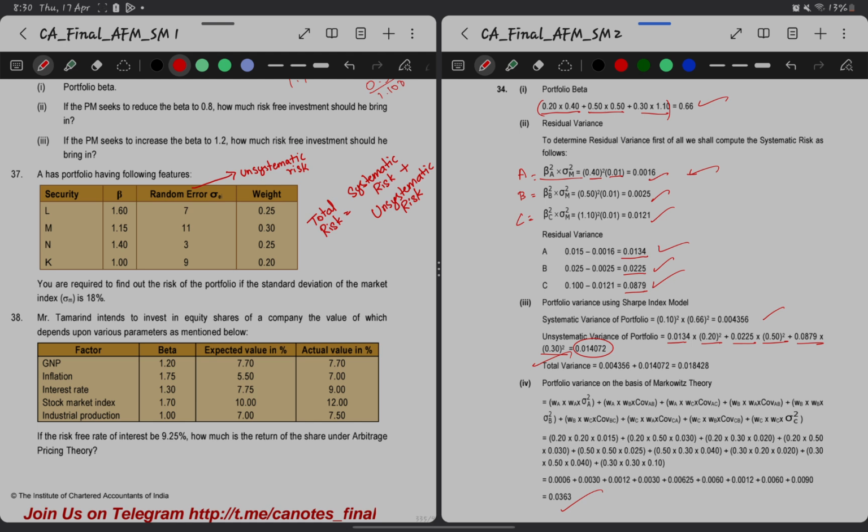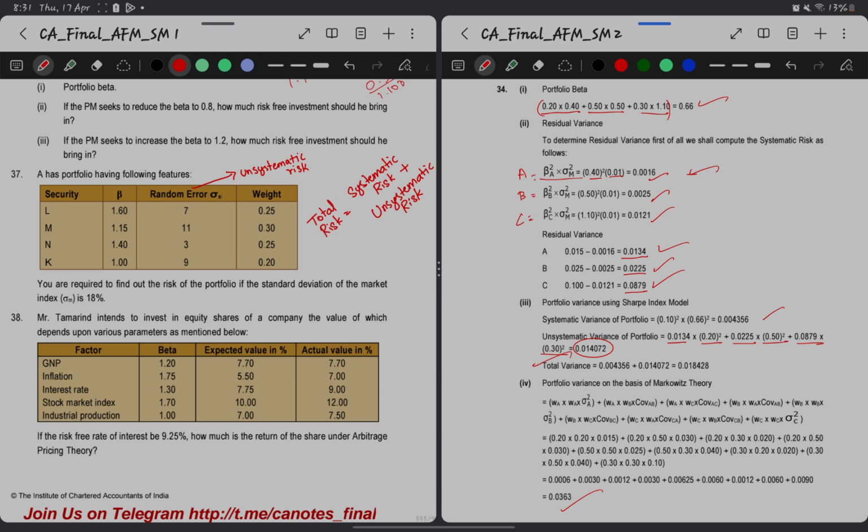But the main difference here is, in case of the Markowitz approach, we cannot add the variance directly. That's why we calculate with the a plus b whole square approach, because the risk of the individual security and the risk of the portfolio will not be the same.